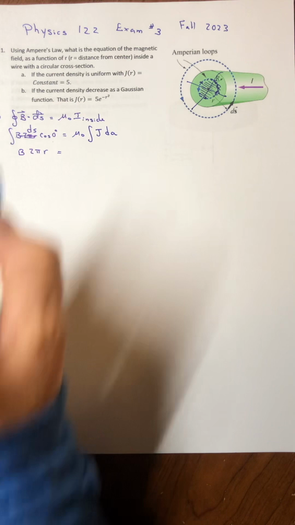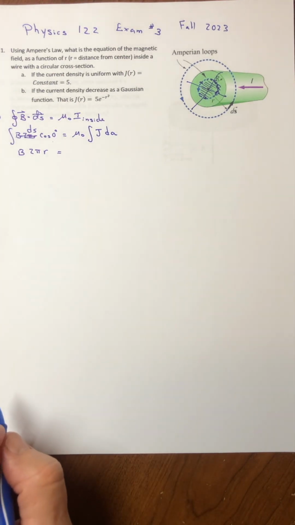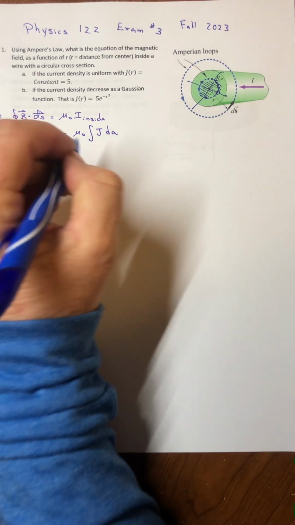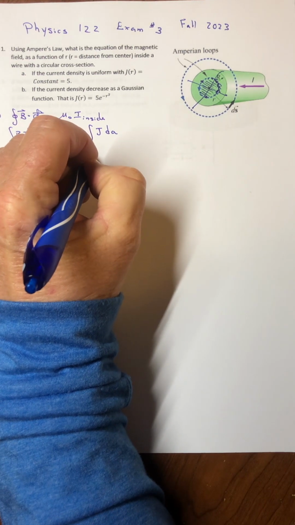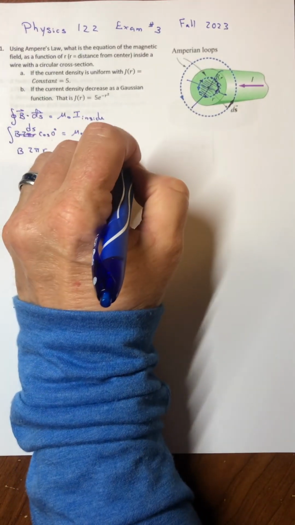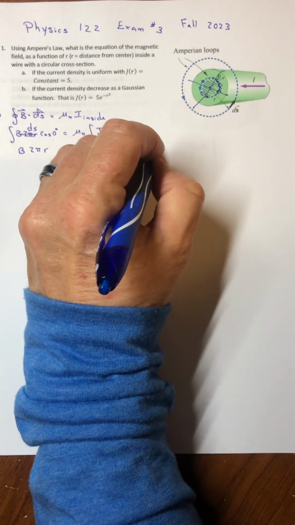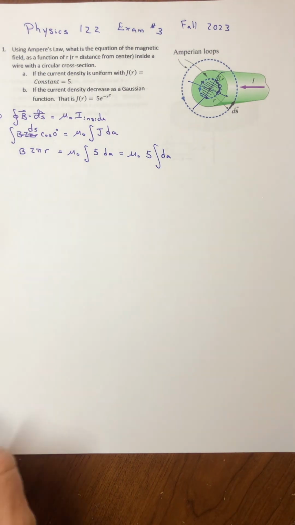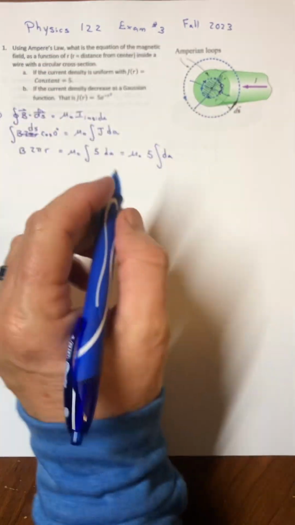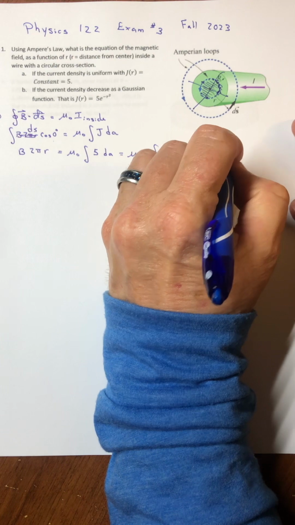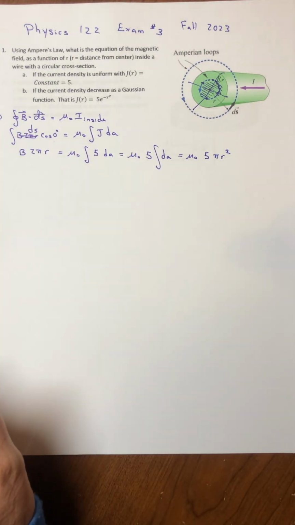Now, I must admit, for this, thinking of it as an integral is not really necessary, because it's just current density times the area, and the area would be the area enclosed by the Amperean loop, so it would be pi little r squared.